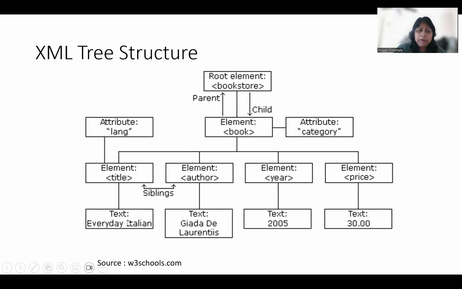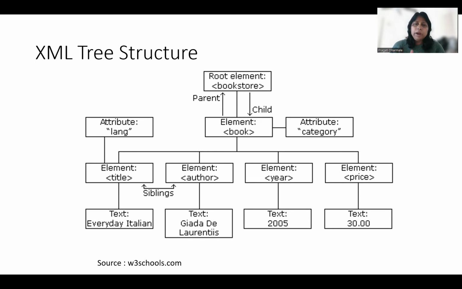The title is, let's say, Everyday Italian. Author also has a value which is written below it. Year has a value of 2005 and price has a value of 30.0, right? So every element will have a value inside the child. Whatever is in the child will have some value, right?